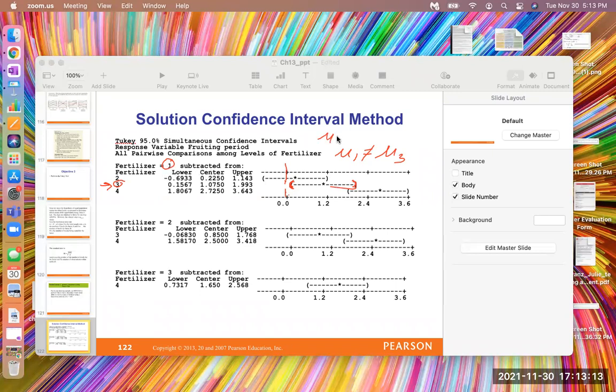Looking closer at this interval, it's above 0. The lower bound is 0.1 and the upper bound 1.9, so it's all positive. So if they calculated the mean of fertilizer 3 minus the mean of fertilizer 1, they got a positive result. We're 95% sure that difference is positive. That means the mean fruiting period was larger for fertilizer 3 than for fertilizer 1.